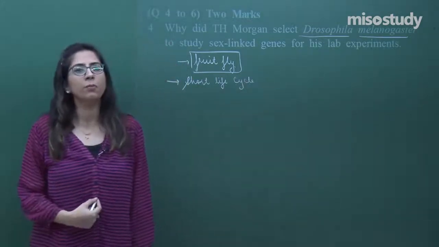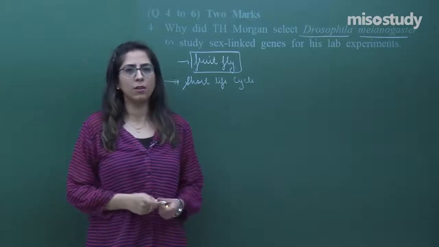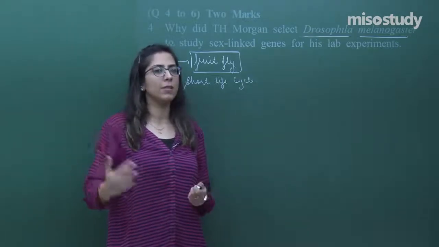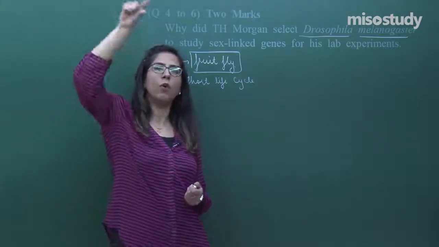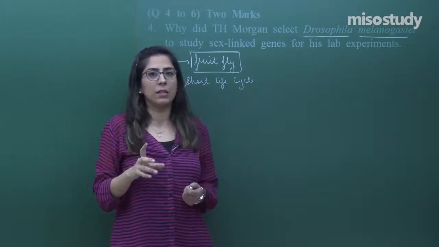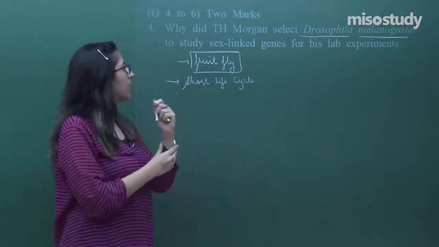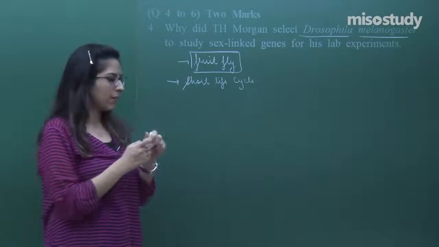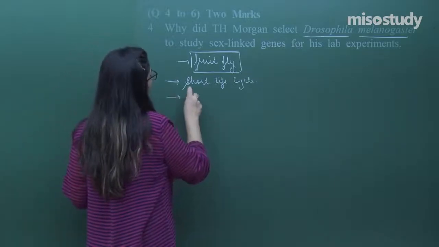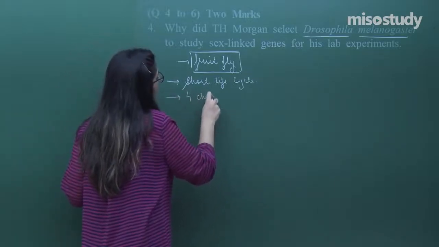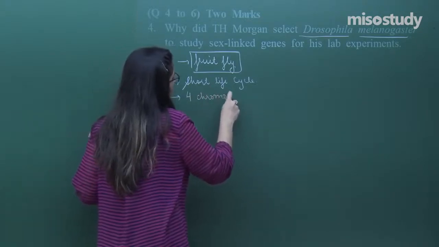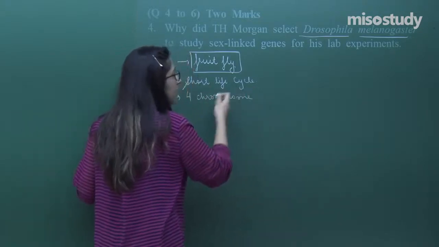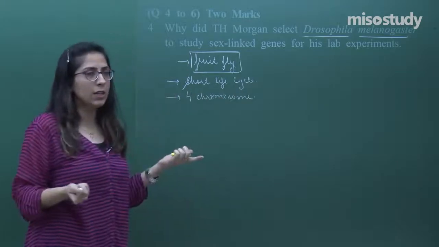To talk about a human being, we cannot take a human being as a model organism because the lifespan is very big. We cannot wait for the whole lifespan and the whole life cycle. Whereas the fruit fly has a short life cycle. Another thing is that they have only 4 pairs of chromosomes present. Very few chromosomes are present, easy to study.